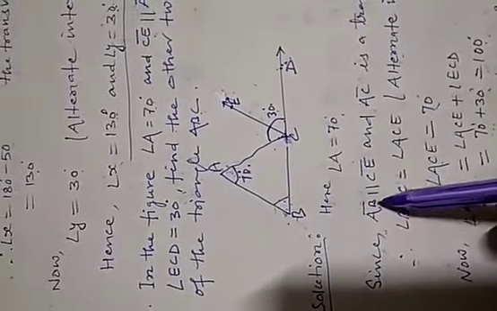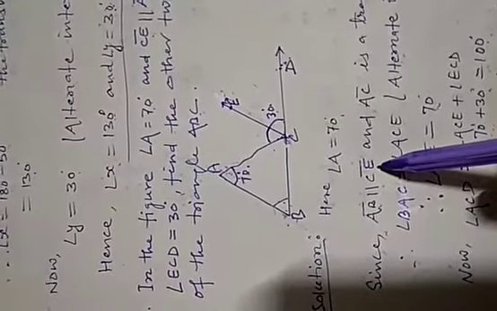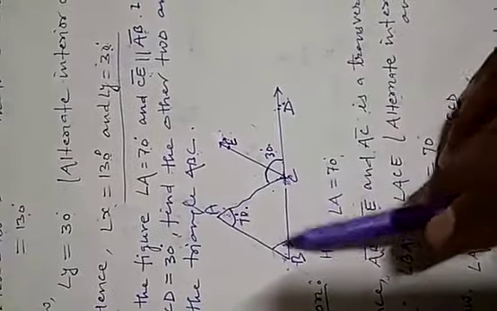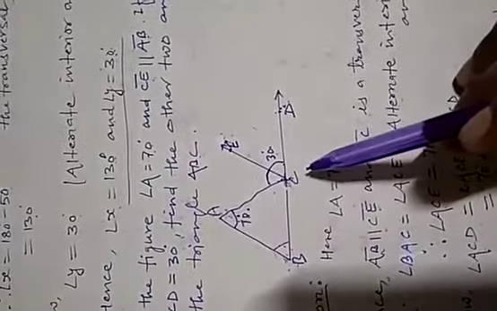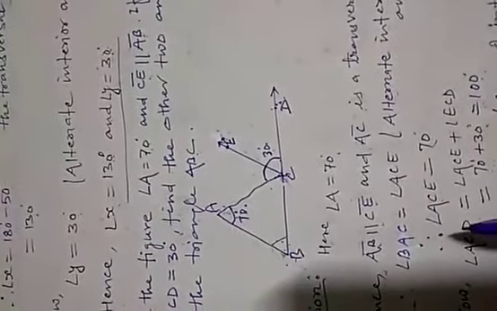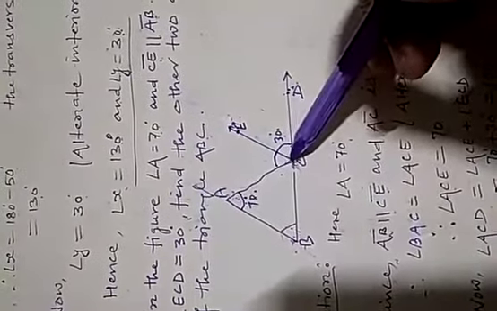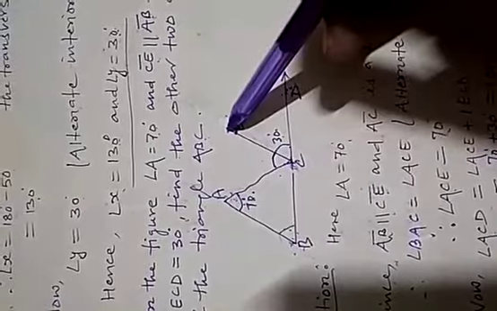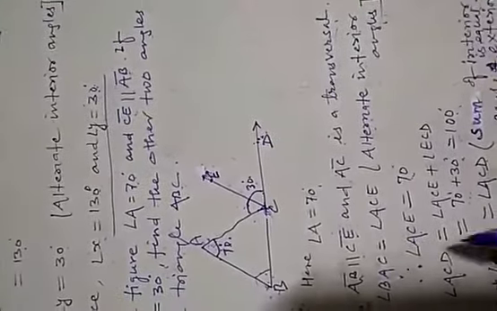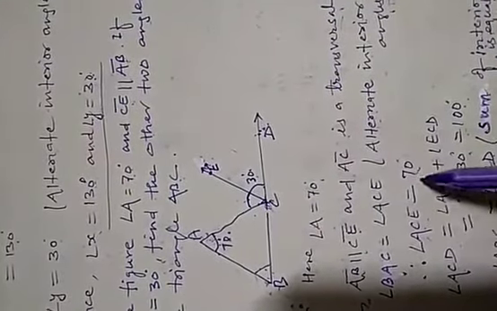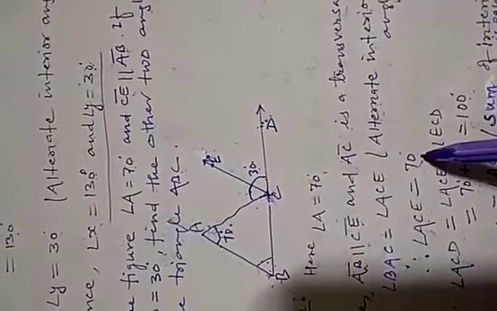Since line segment AB is parallel to line segment CE and AC is a transversal, angle BAC is equal angle ACE, alternate interior angles. Therefore, angle ACE is equal 70 degree.